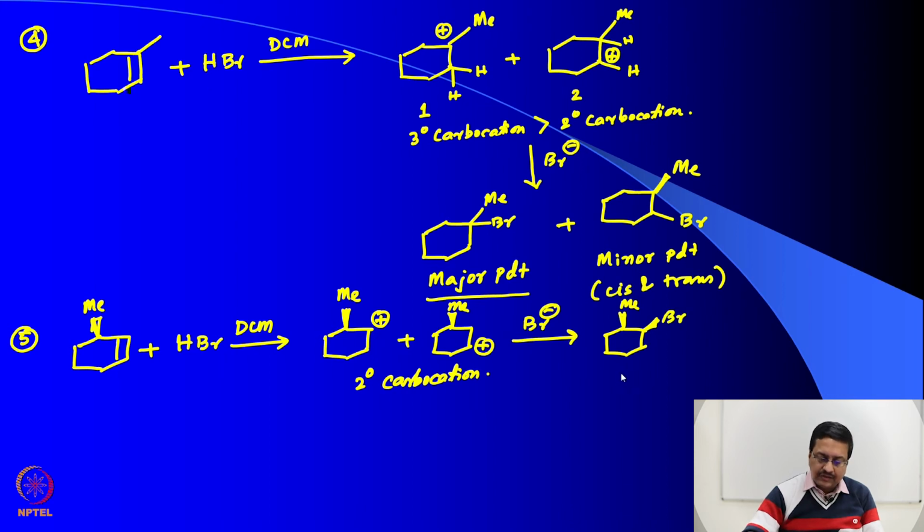Because there can be top attack and bottom attack of Br minus on each carbocation. This is coming from carbocation 1, and these two compounds will originate from carbocation 2.